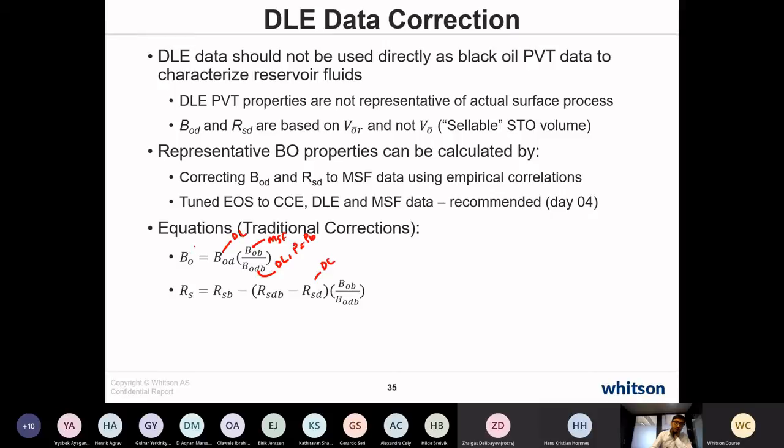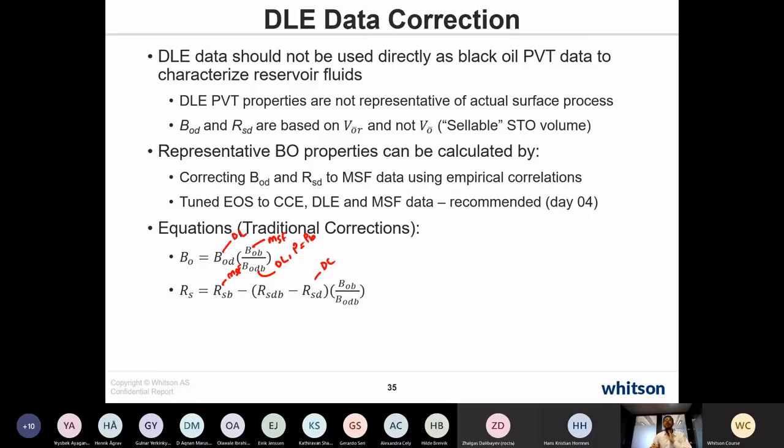So you calculate the BO, and similarly we calculate the RS, again using the same information. That's from the multi-stage separator test, and this is from the DLE at the bubble point, and this is also from the DLE at the bubble point. Then you get the BO and RS values corrected at the separator conditions, and you can use these numbers as black oil tables.